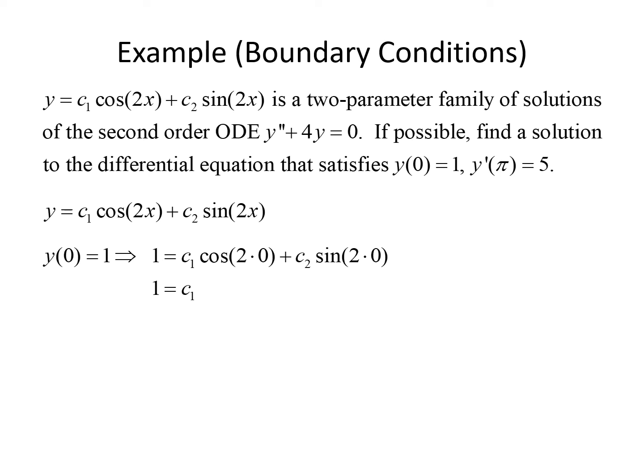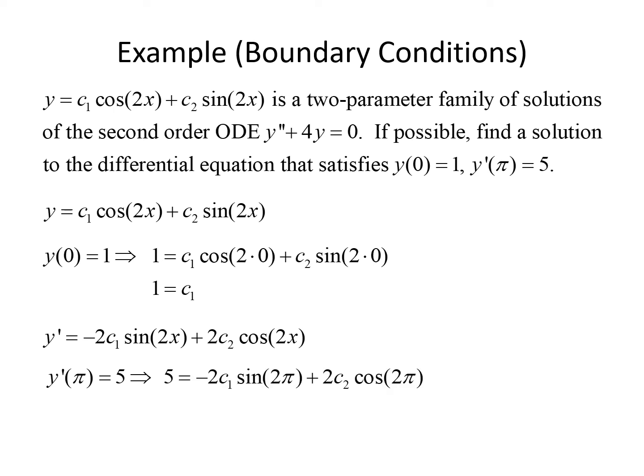For our second constraint, we know that y prime of pi is equal to 5. So first we find y prime. That'll be negative 2 times c1 sine of 2x plus 2 times c2 cosine of 2x. And then we can apply our condition. So y prime of pi equals 5.